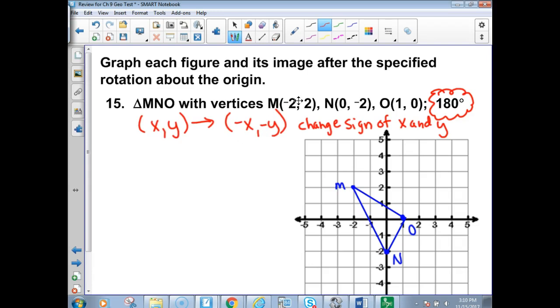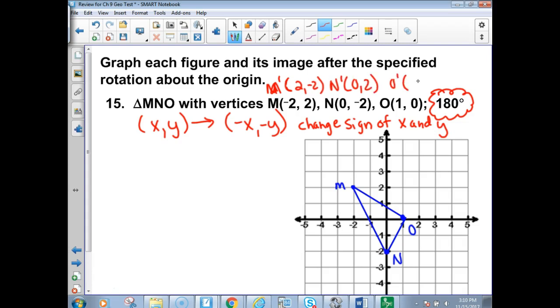Okay, so what we do is we say, all right then, M prime will then be at -2, sorry, not -2, it'll change to +2, excuse me. M prime would be at 2, -2. N prime would be at 0, +2.